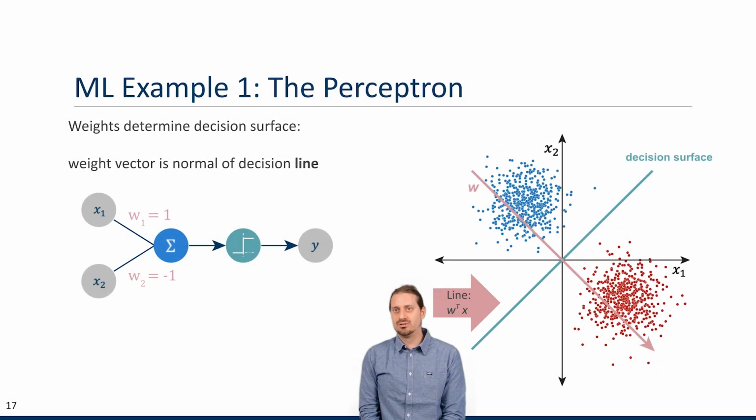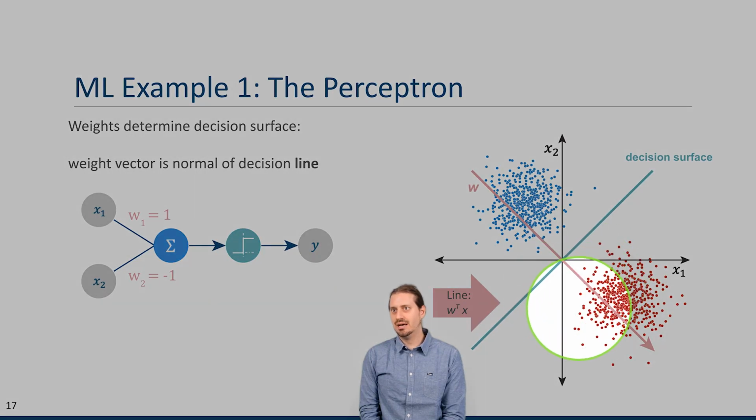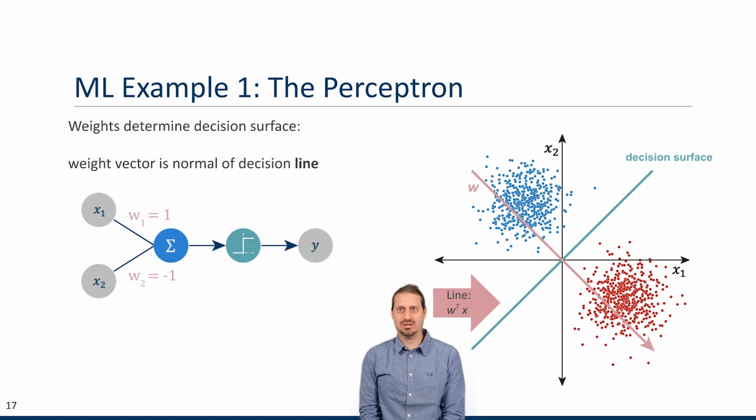And if we were to move the W vector, or try to change its direction, for example, if we would move it up to here, then also our decision surface would change. So this is how we parameterize this boundary between the two classes in this perceptron model, with these two parameters, or more generally with one parameter per dimension, these weights.